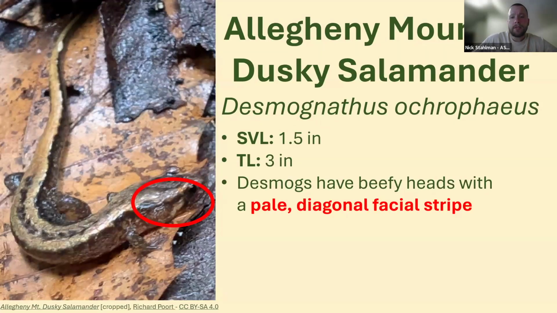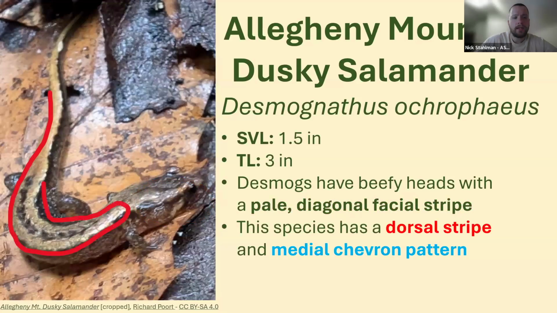And then for this species, you're going to look at that dorsal pattern on the back, and you have this really nice stripe that tends to be ochre colored or yellow. And then it has chevron patterns that may or may not be visible. These little arrow-like patterns run right down the middle of that dorsal stripe.